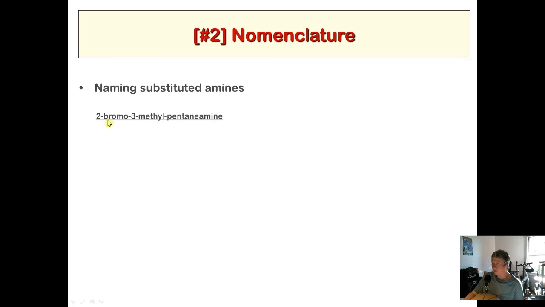Substituted amines. So 2-bromo-3-methylpentane amine. What do you think? Pentane is going to be 5 carbons and a nitrogen, and then 2-bromo and 3-methyl will be on the 2 carbon and the 3 carbon. So that's a pretty straightforward amine structure. N,N-dimethylpropane amine, or N,N-dimethylpropylamine.